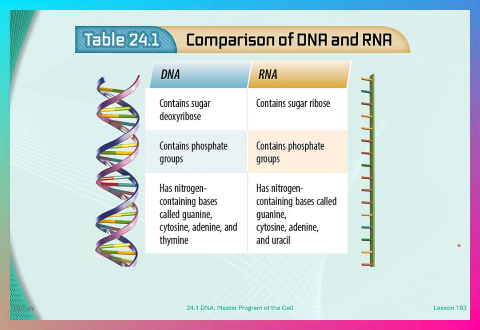Now, these next 2 slides show tables that show the differences and similarities between DNA and RNA. DNA contains deoxyribose, RNA contains ribose. Both contain phosphate groups. The nitrogen bases are guanine, cytosine, adenine, and thymine in DNA, and then guanine, cytosine, adenine, and uracil in RNA.